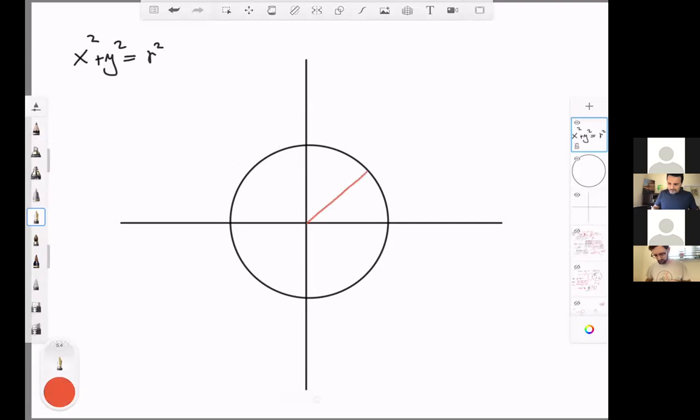This radius is r. Good. And if r is 1, which most of the time we were dealing with, then they call it unit circle. Unit circle has r equal to 1 and h and k are 0, 0.